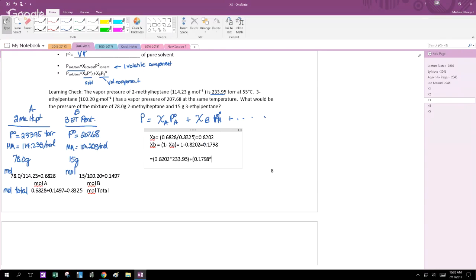And his pure vapor pressure was what? And so there's our total vapor pressure. Now, since everything was given to us in torr, then our total vapor pressure is also in torr.